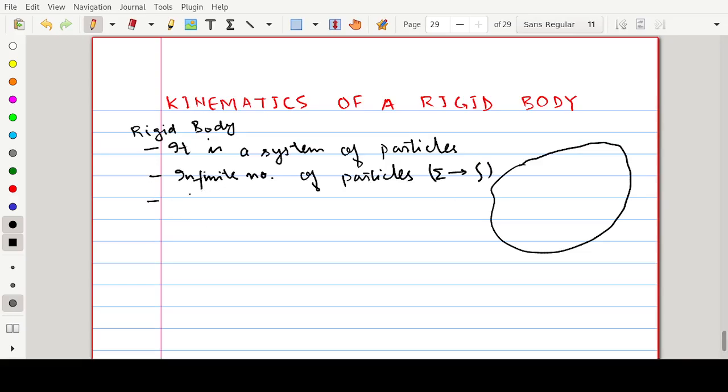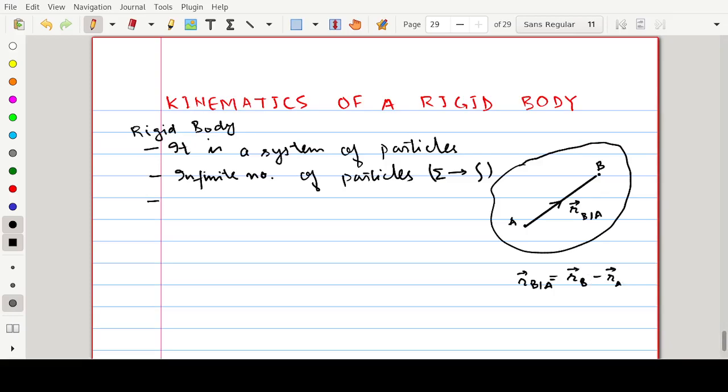And the third thing, which is the most important thing about a rigid body, is that if you have say 2 points on a rigid body, A and B, any 2 points, then if the position of A is RA and the position of B is RB, then this vector, which is denoted by RB slash A, is the relative position of B with respect to point A, and it is given by RB minus RA.